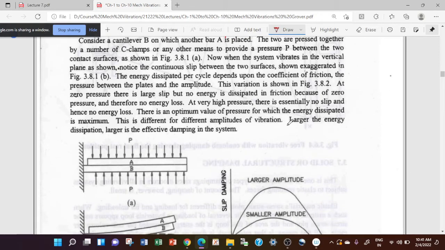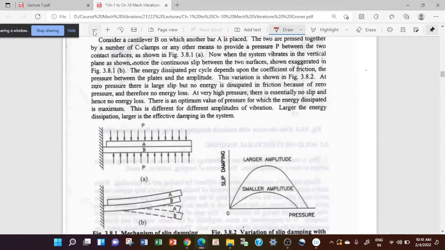So here to explain this damping, suppose you have a plate A. This is a cantilever beam. On that we are putting a plate A here, and these two plates are clamped by some C clamp, and this C clamp will put some pressure at the interface of the two plates.